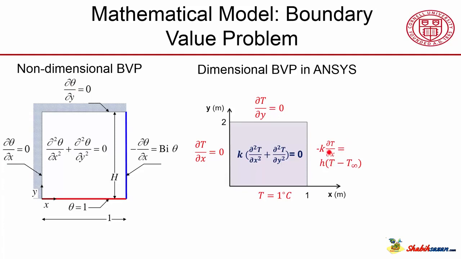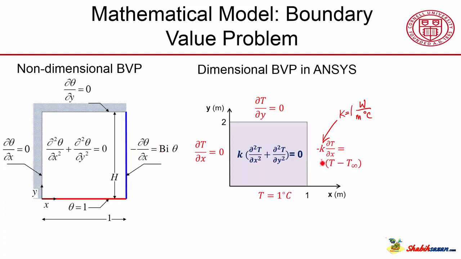Now this boundary condition is a little bit more tricky. So I will set k equal to 1. So here I'll set k equal to 1 watts per meter per degree Celsius. Then the left-hand side here looks like that.